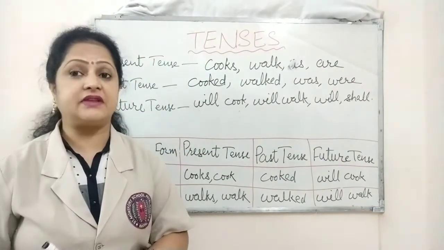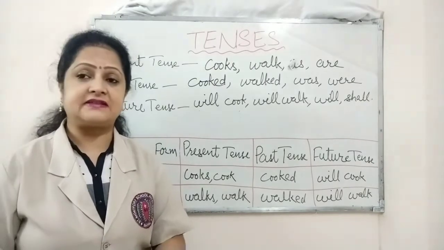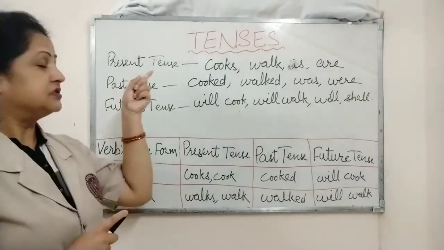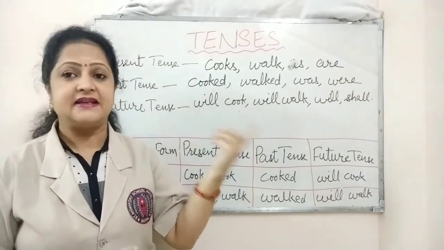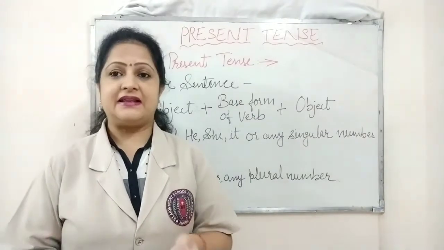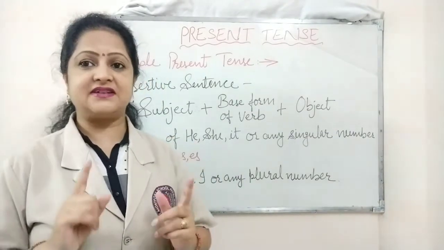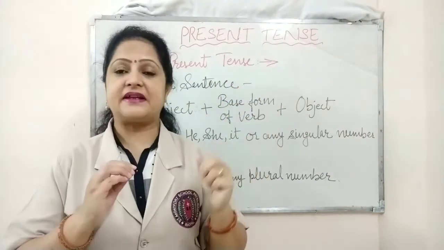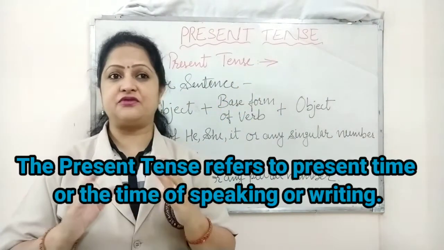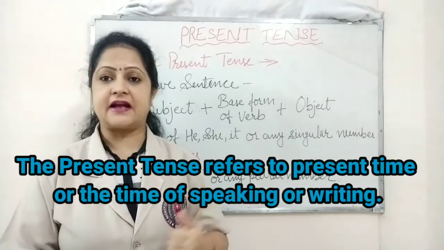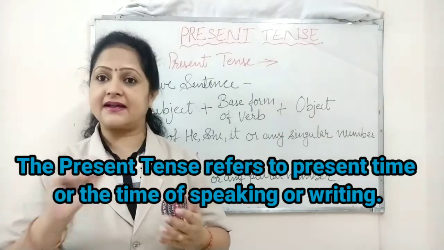Now we'll start with our 12th chapter. The 12th chapter will start with the present tense, as given in our 12th chapter. Now let's start with the first tense, that is present tense. The present tense refers to present time, that is now, or the time of speaking or writing.